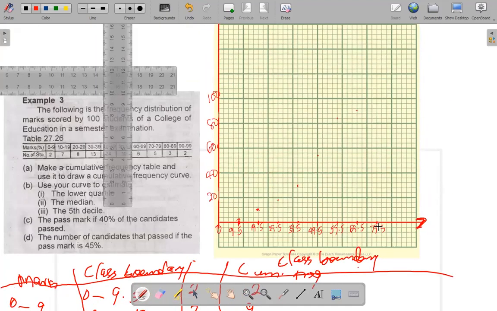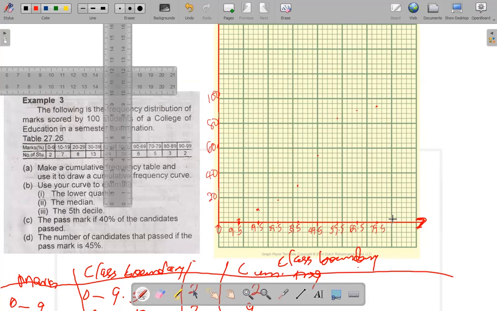Let me start with 80. This is 80, 84, 88, 92, 95 in the middle.